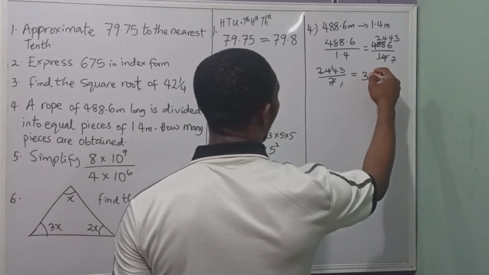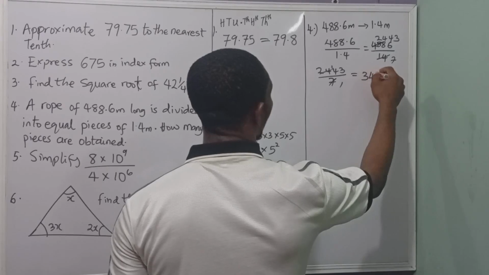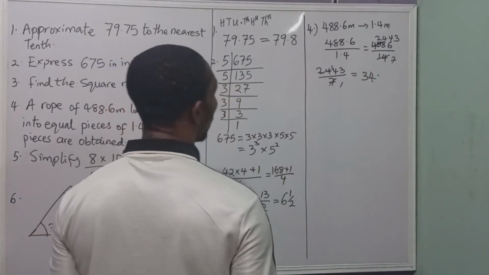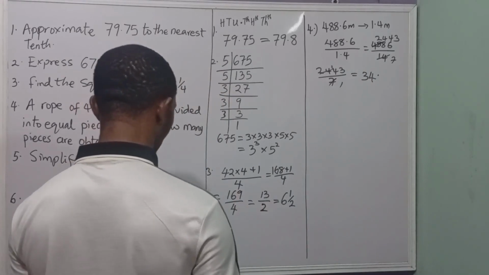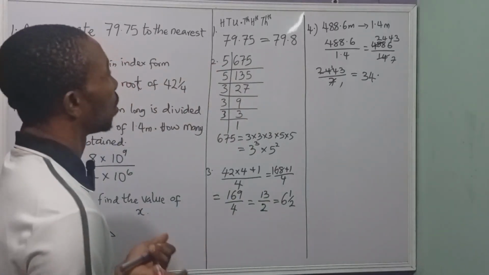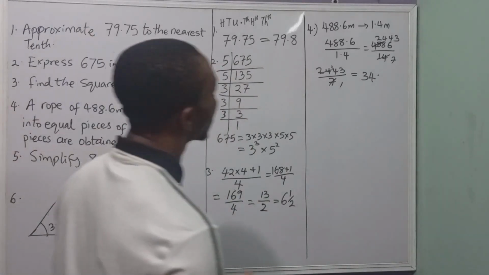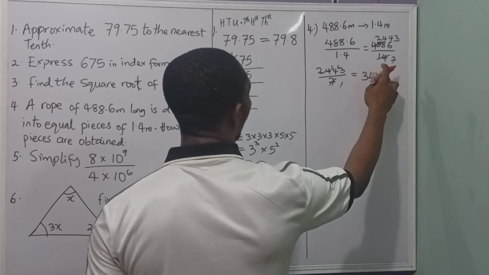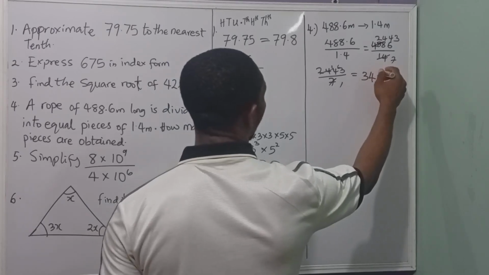So that gives us 4, which is 28. And 34 minus 28, we have 6, and 7 into 63 will give us 9.